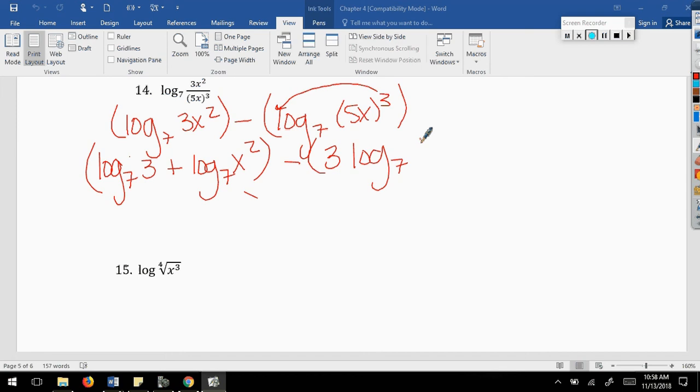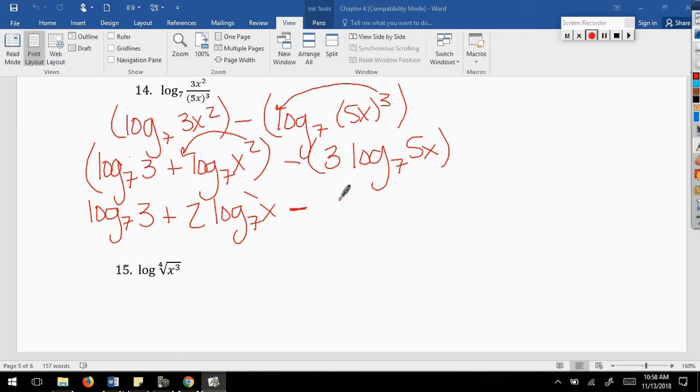the 5x. Now, here the 2 is only going to apply to the x term, this term here. But on this one, it's going to apply to everything. When I split up the 5 and the x, it's going to go to both.